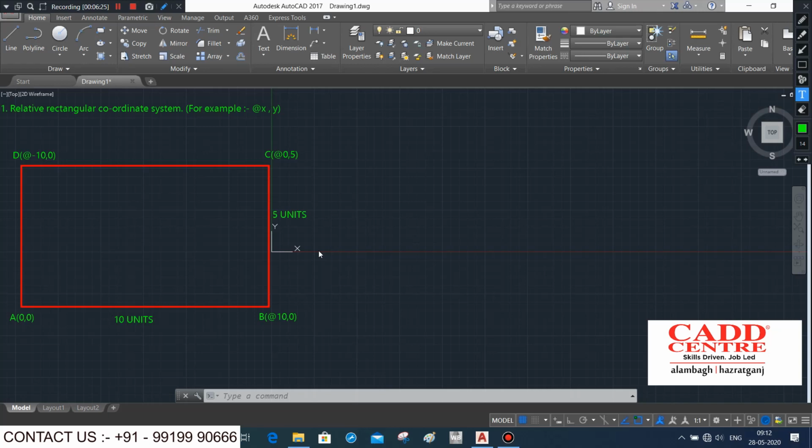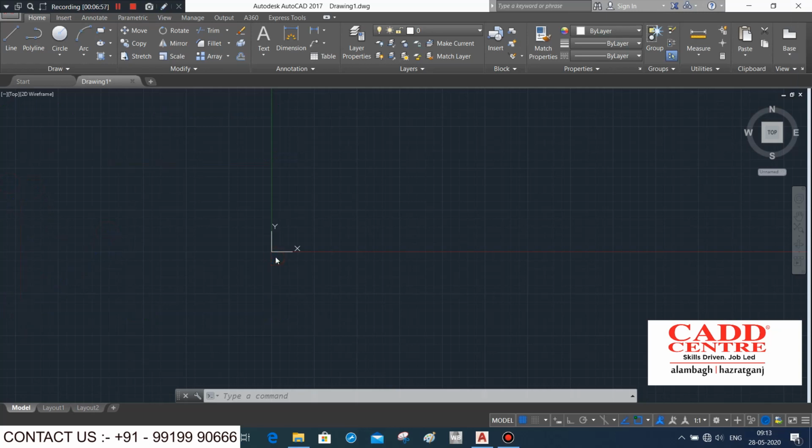Now we want to join the line to the origin, so we will provide @0, -5. What it does, it will join this line to the origin.